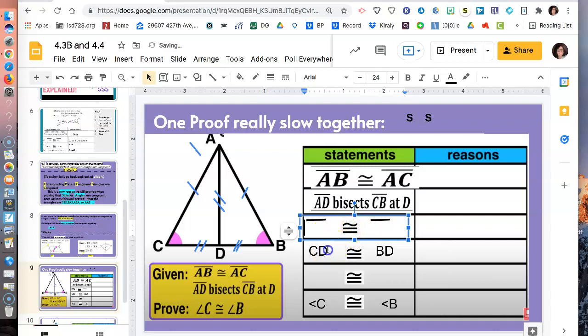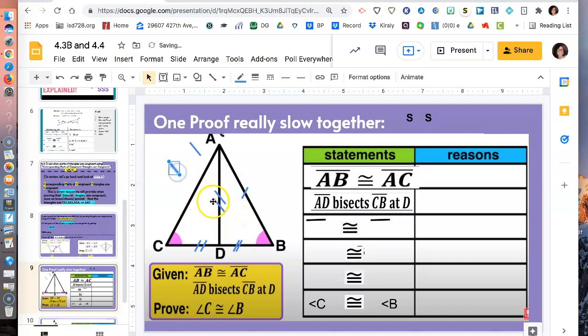Okay, so let's go take a look at what we need to do. First of all, I'm going to get all my little markers off of here, because none of that was given to me. I'm just going to grab all my little runners and dashes and get them off of my triangle. And let's begin. First of all, the very first thing I'm going to look at, what am I trying to prove?